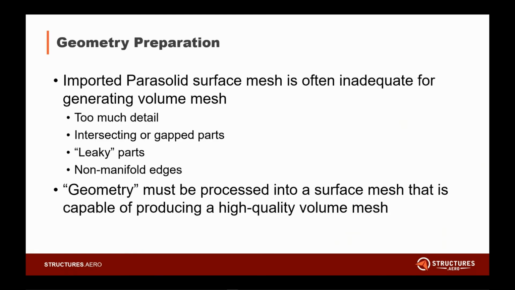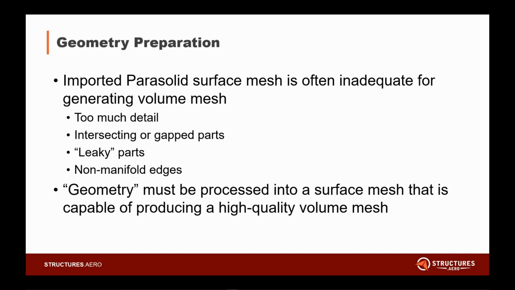So like I said, the imported parasolid surface mesh is often inadequate for generating a volume mesh. There's often too much detail, intersecting or gapped parts. Your part may have holes in it, and you need a watertight body in order to simulate it, because you can't have air passing into your aircraft or something like that.